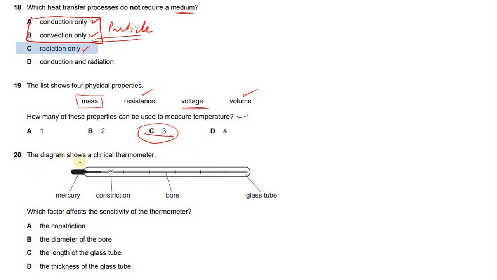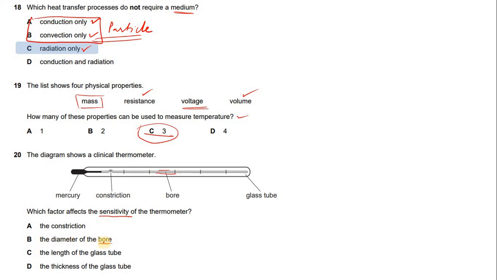Question number 20. The diagram shows a clinical thermometer. Which factor affects the sensitivity of the thermometer? It's all about sensitivity. So sensitivity is all about how big or how small the bore is. So the thickness of the bore defines the sensitivity.